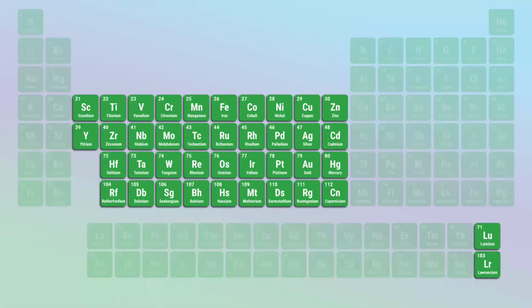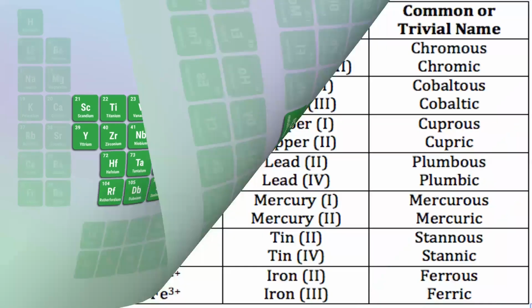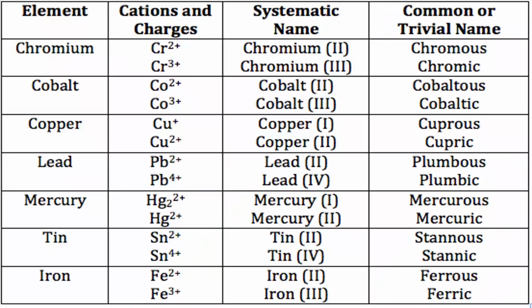These are the transition metals from scandium down to copernicium. They use a Roman numeral for you to identify the ionic charge of the element. Like in chromium, if that is Roman numeral 2, then automatically the charge of chromium is +2.